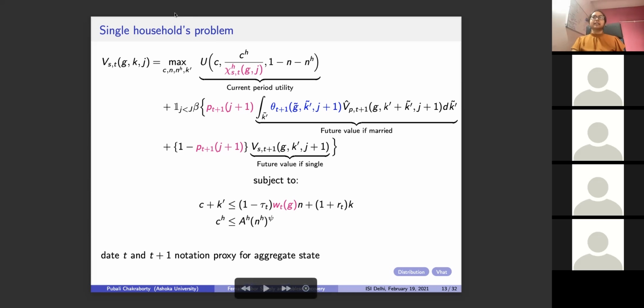But you're right that the only thing I'm measuring here is whether I'm supplying labor, or at most in the case of married households, if the partner is supplying labor. That's what I am accounting for. I'm not accounting for other members in the household who also might be working.